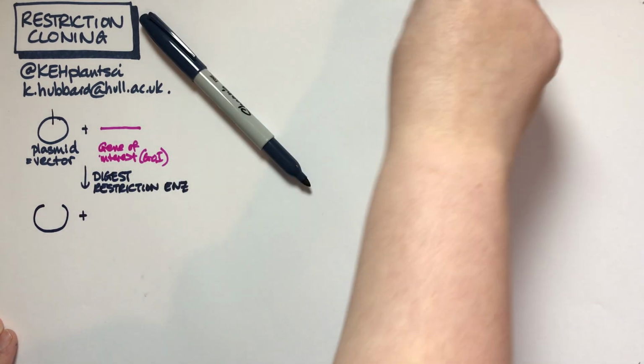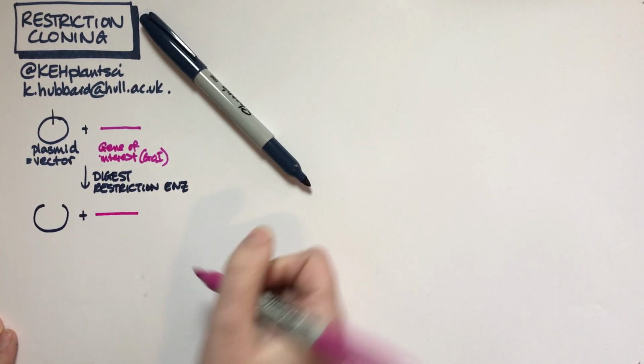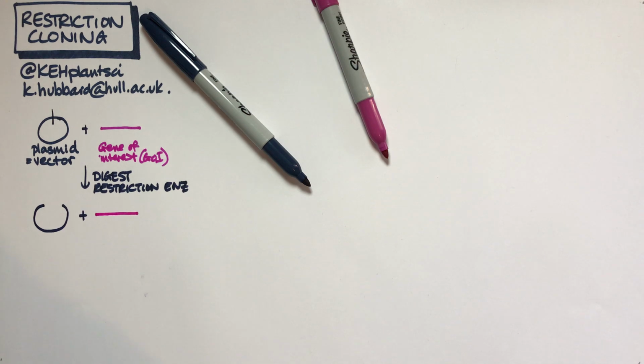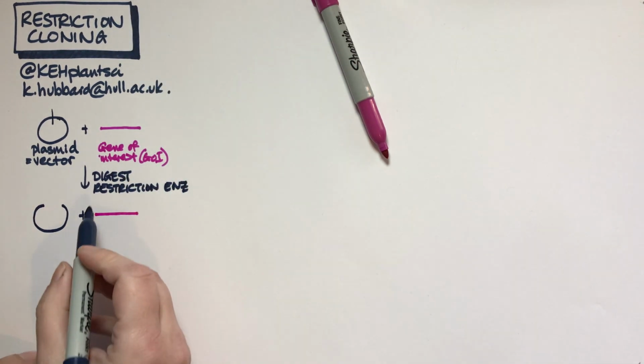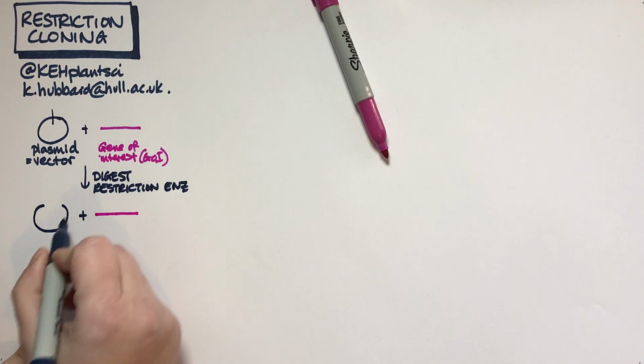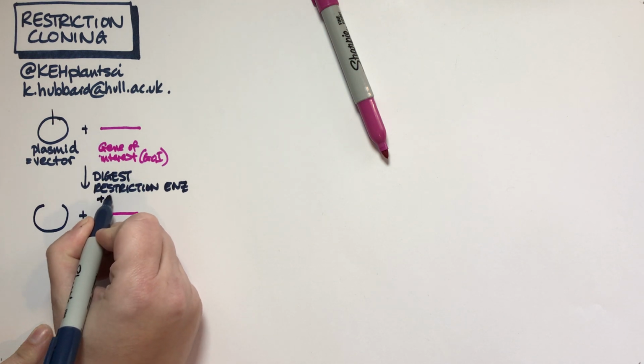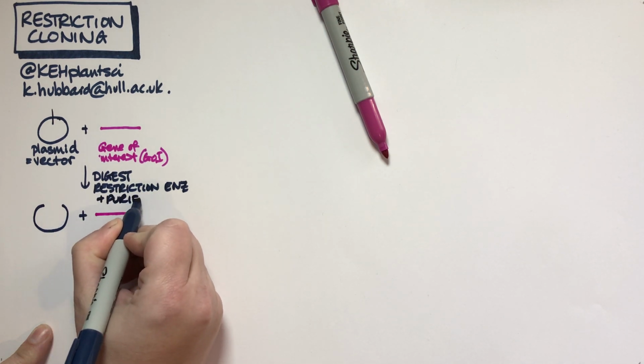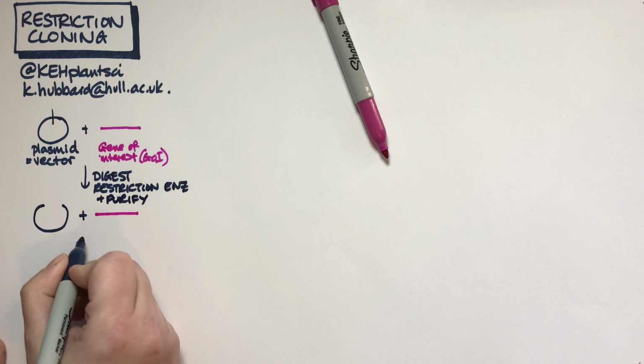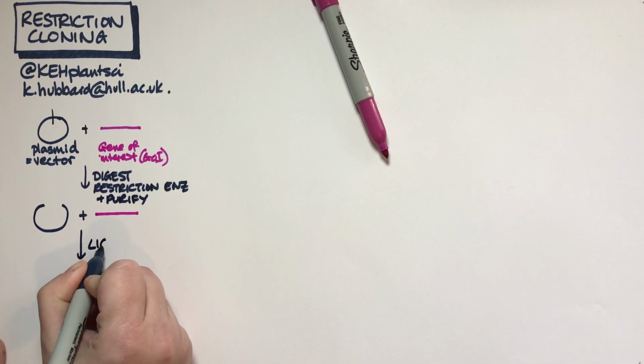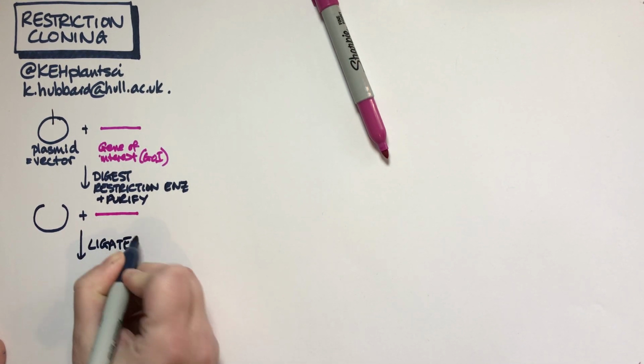We digest our gene of interest with the same restriction enzymes, and I'll talk about how we do that in a minute. We digest them with the restriction enzymes, and then we have to purify them. And then we ligate them together. So we basically stick them back together.